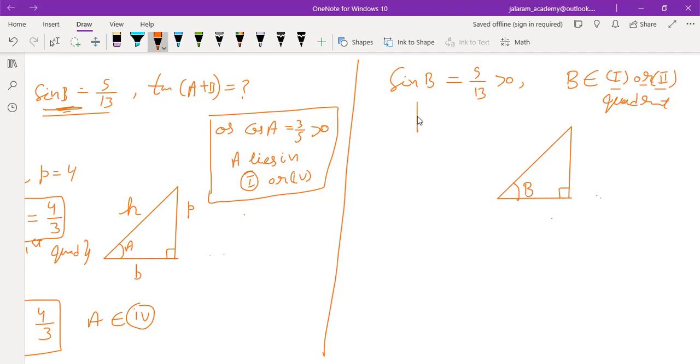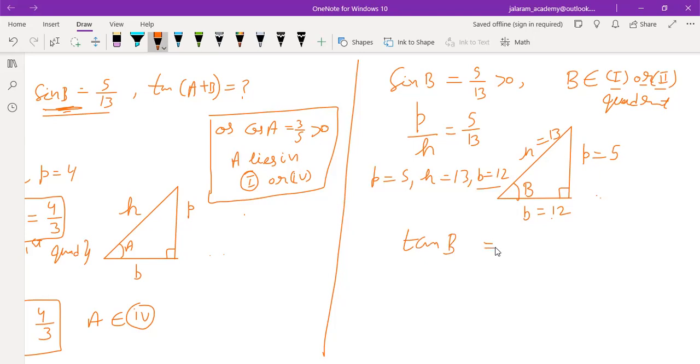Now we know that sine is the ratio of perpendicular upon hypotenuse. It means the value of perpendicular is 5 and the value of hypotenuse is 13. Using the Pythagorean triplet, the base will be the third member, which is 12. So using this, we can find the value of tan B, which is perpendicular upon base.